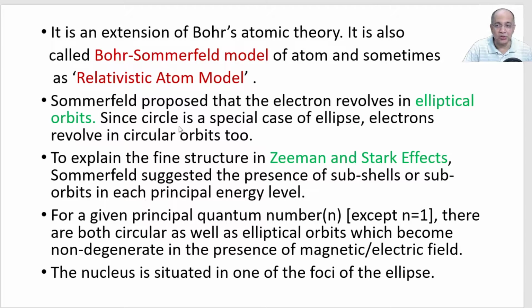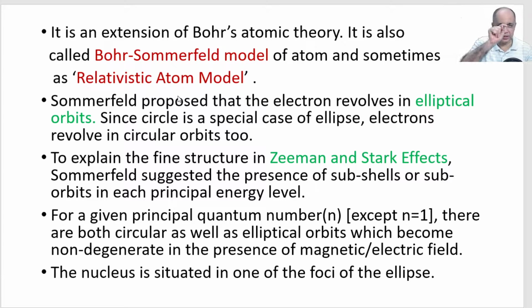Sommerfeld proposed that the electron revolves in elliptical orbits. Bohr proposed circular orbits, but Sommerfeld thought that electrons are revolving around the nucleus in elliptical orbits, where the nucleus is situated at one of the foci.